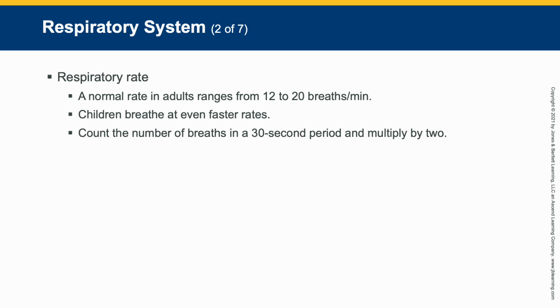While you do this, you also want to note the rhythm. Is it regular or is it irregular? Are the breaths deep and even, or are they shallow and erratic? So you're going to evaluate whether the patient is breathing too slowly or too quickly, and if their breathing pattern matches their level of distress.